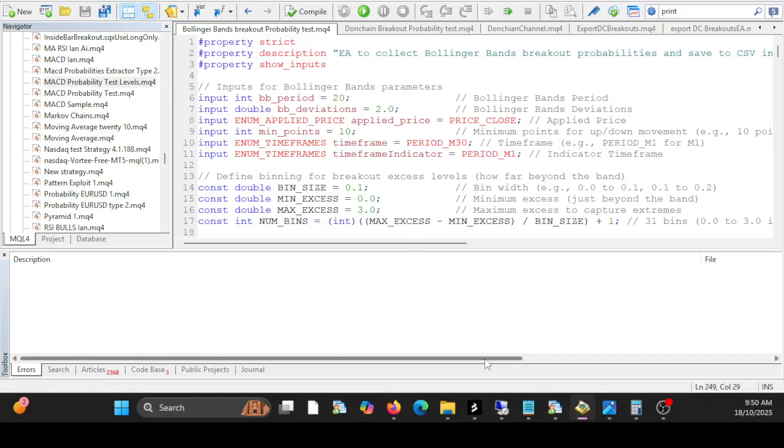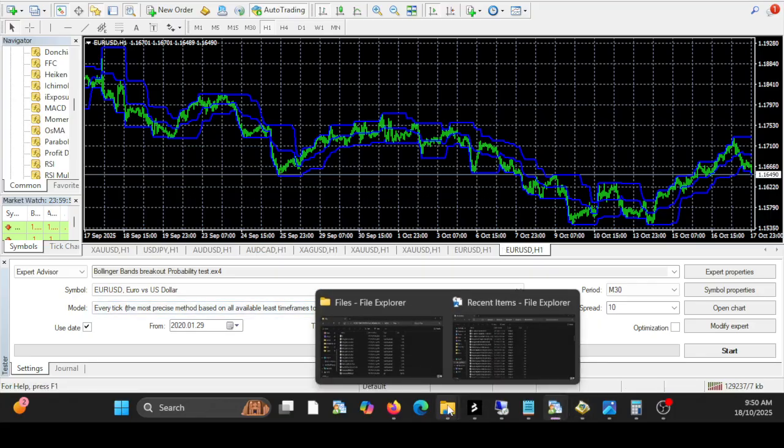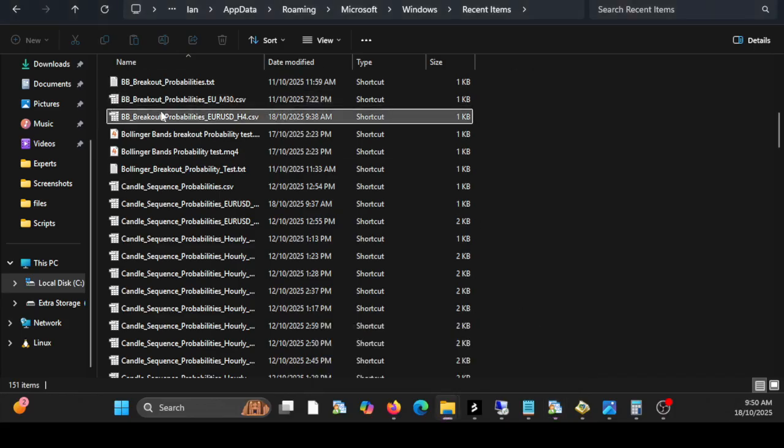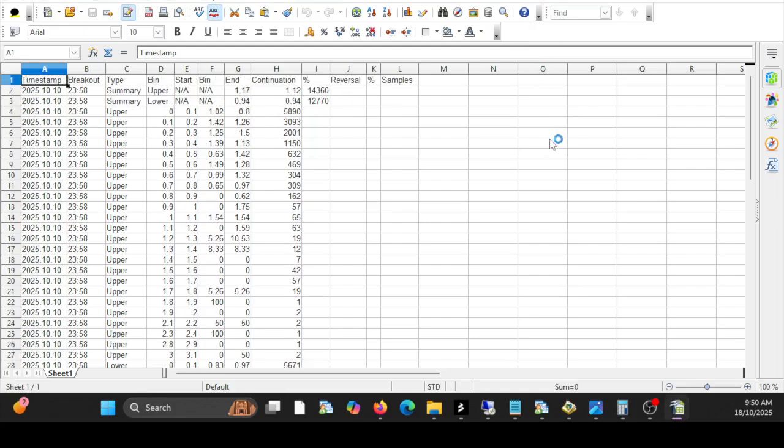So we run that in MetaTrader, and it comes out with a file like this. If we open the file, it gives us all this data, and what we can see is that the closer to the bands, the more data we get.